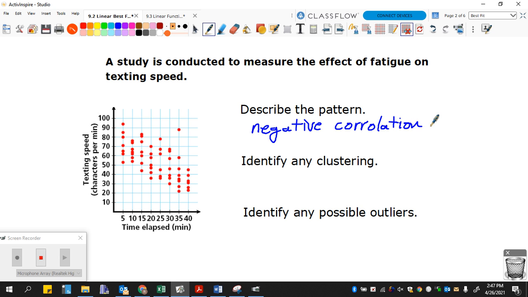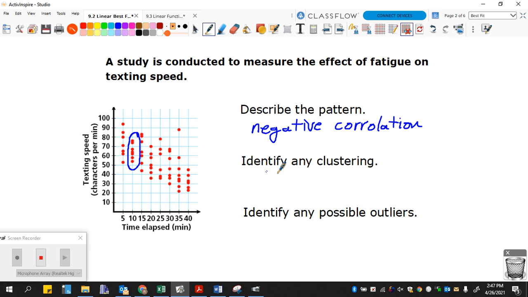All right, any clustering? If we look at it, really this point right in here, there's a good bit of clustering going on where we have 1, 2, 3, 4, 5, 6, 7 data points that are basically just piled on top of each other, right between 78 or 79 all the way down to like 53 or so.